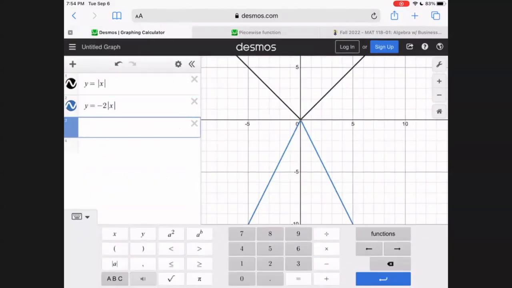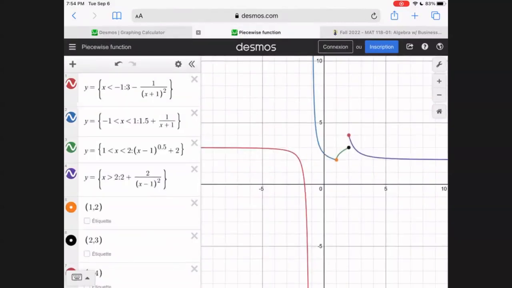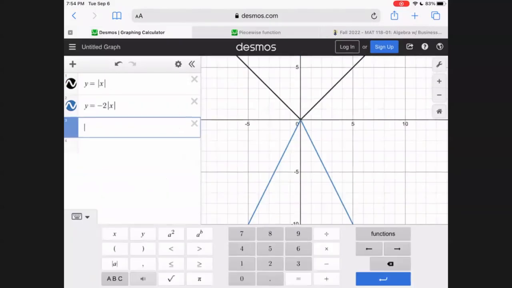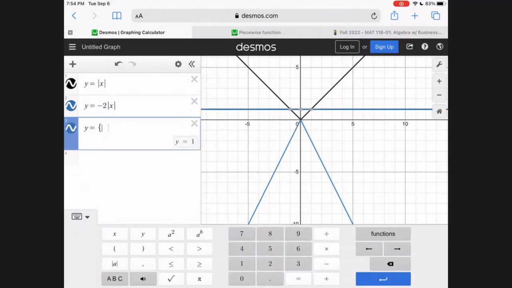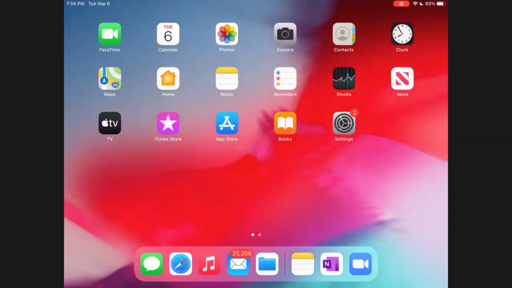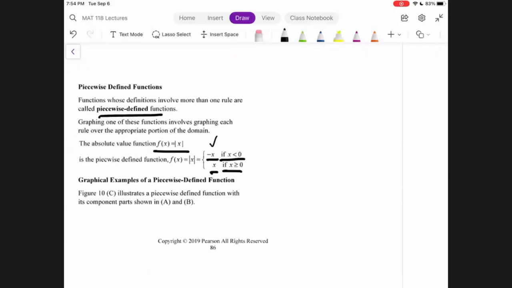So if you want to do it in Desmos, since I kind of got the general idea, y equals, and then you have to do your curly bracket, and then you have to put your domain restriction. In the piecewise function, it has the function value and then the domain restriction, like written in the notes here. So this is your function rule, and this is the domain restriction.